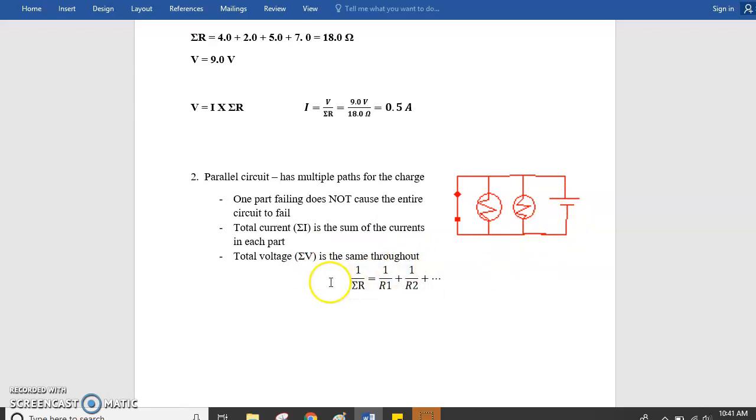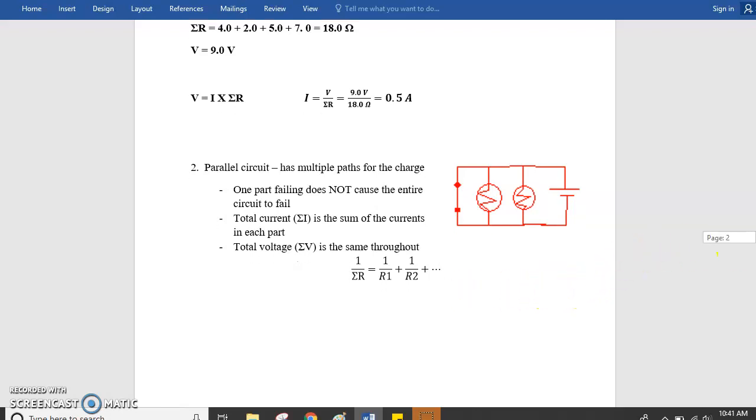The total resistance here is a bit trickier to calculate, because it's actually kind of like our lens calculations, where it's the inverse. 1 over the total resistance equals 1 over R1 plus 1 over R2 plus 1 over R3, or however many R's there are. And then you have to flip it back right side up to solve for total resistance.